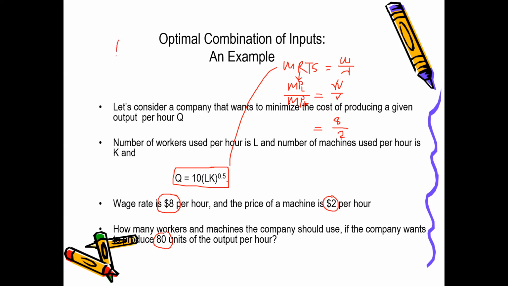Now what we are going to find, to produce 80 units, is the optimal condition.